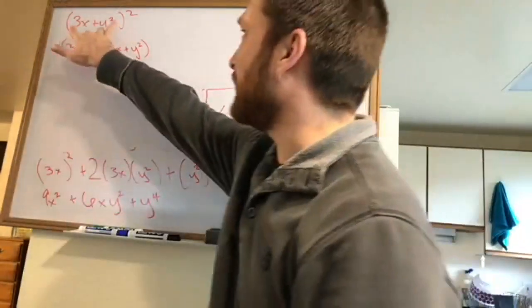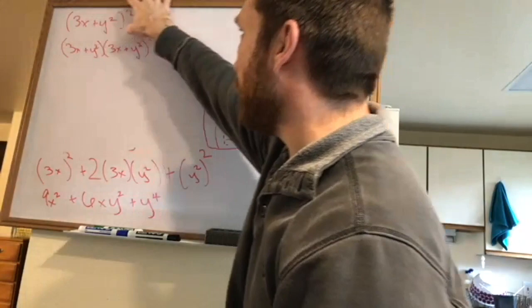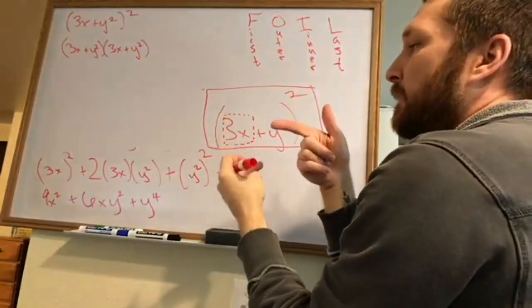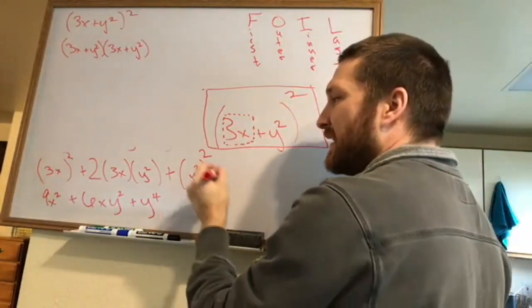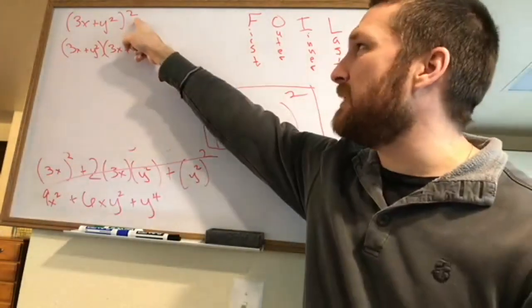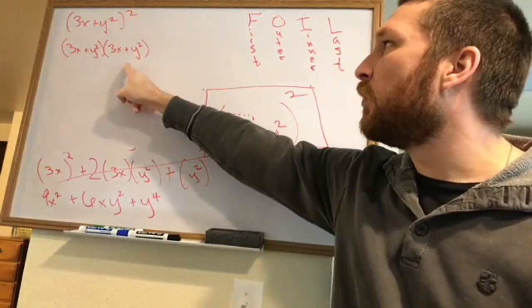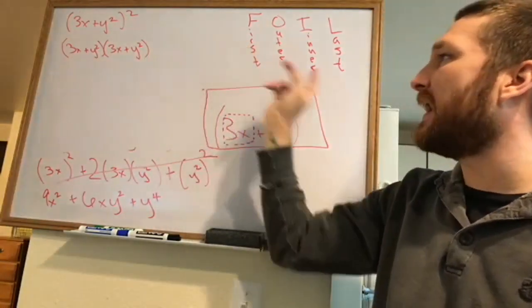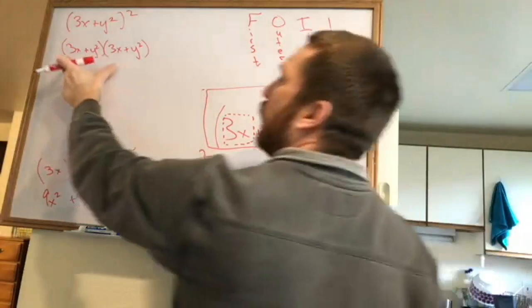When I look at that, I can imagine a copy of that right next to it and then go first, outer, inner, last. But my point here is formulas suck. I hate using formulas. I'd rather just say, what does that mean? Oh, that's a binomial and a binomial. Oh, I have to FOIL that out. Okay, so you do it.